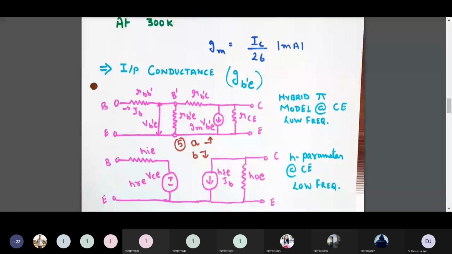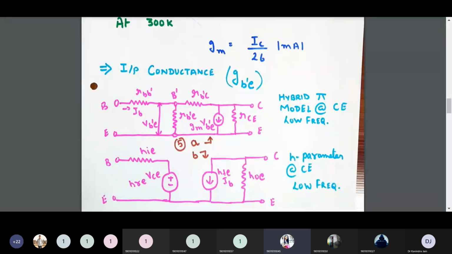Now, what have you noted in both the figures? Please let me know. In figure number 5A and 5B, what have you noted? Hello, students. What have you noted? Yesha: R B B dash, then I B, V B dash E, R B dash C, R B dash E, G. Beta, these are the terminologies where they are drawn.